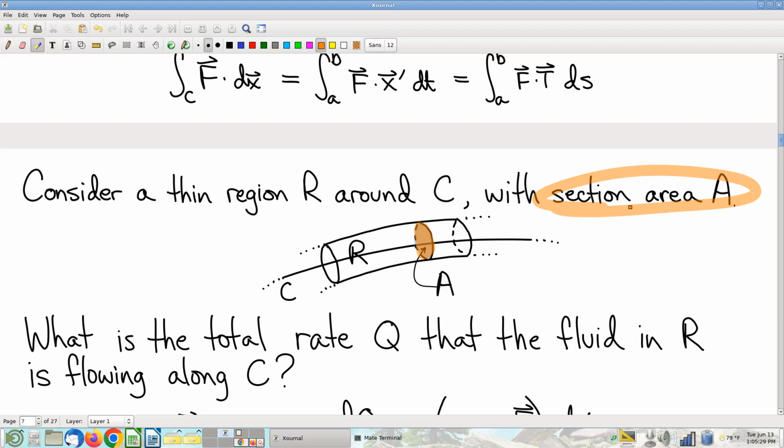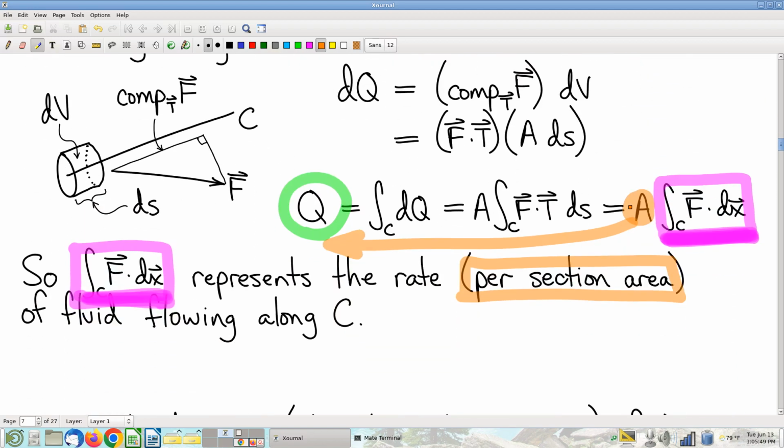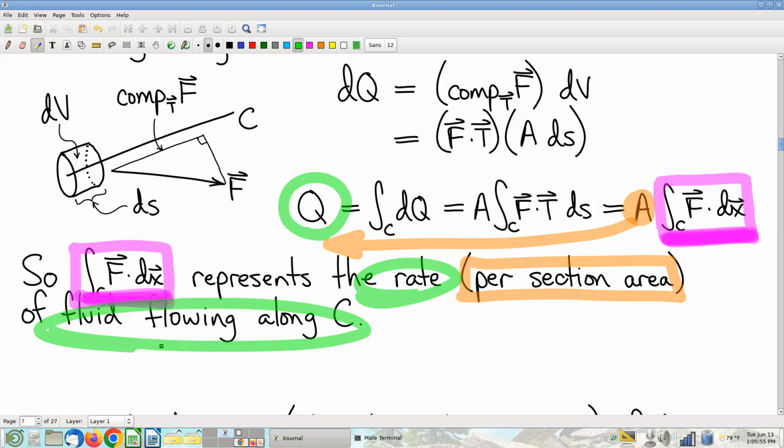So, arguably, the area is just a hack to allow me to get my hands onto the question. What I really care about is what the answer is per unit area. And that's what we have an answer to. That's what the vector line integral ends up being. The vector line integral is this rate of fluid flowing along the curve, but per unit area.